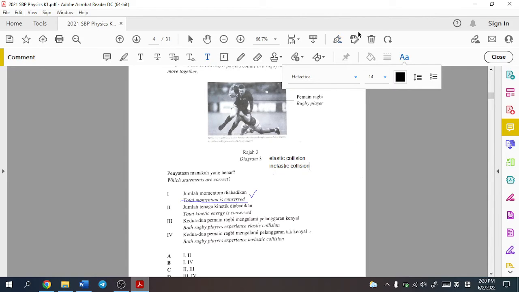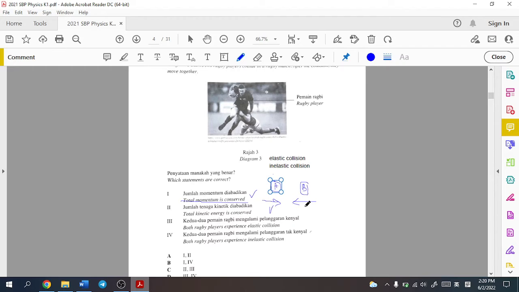Elastic collision happens when, for example, object A and B move in this direction, A with speed v and B with speed u. For elastic collision, after they have collided, they will repel with another speed. So this is elastic collision.